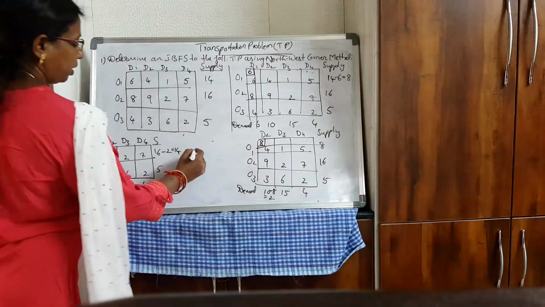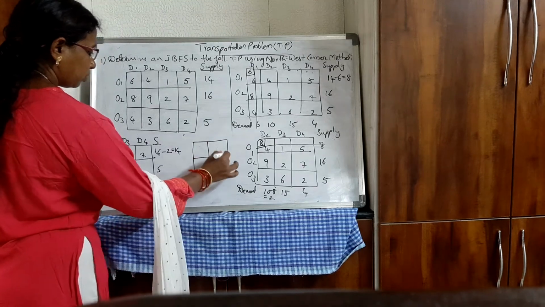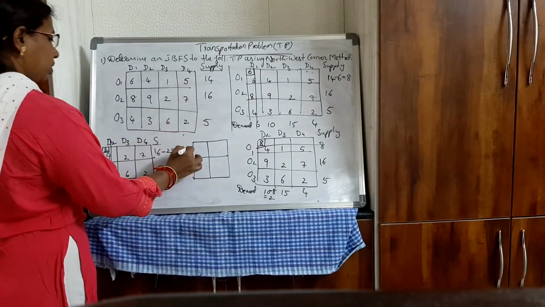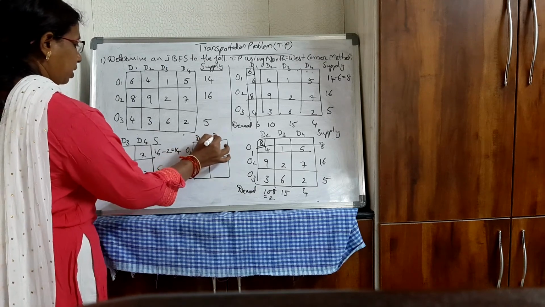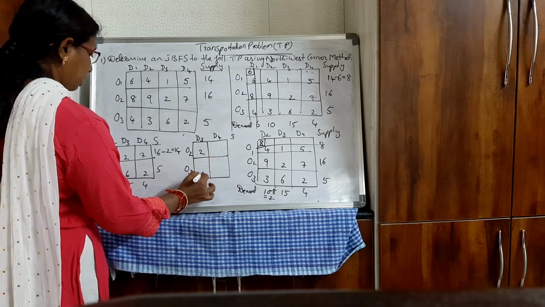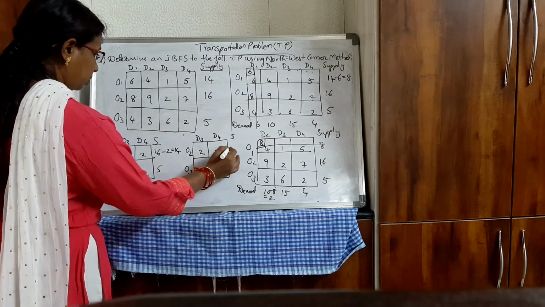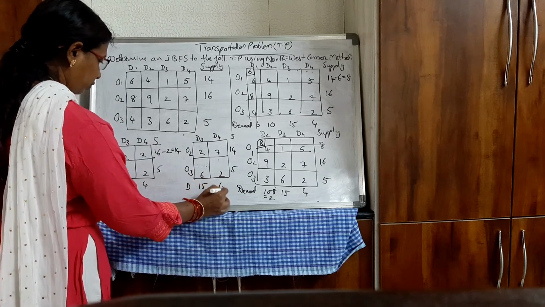Now what is the leftover table? So I have here O2, O3, D3, D4, here supply and here demand. This is 2, 6, 7, 2, here 14, 5, here 15, 4.